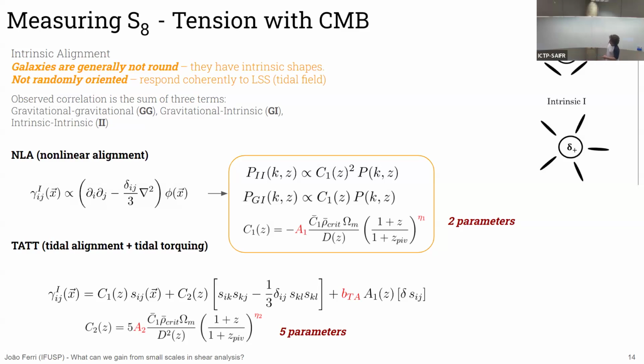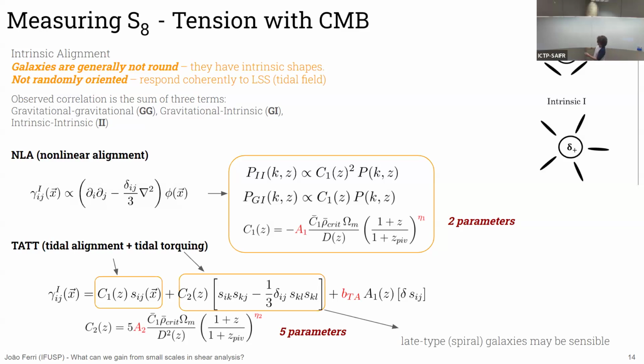Basically, it adds the tidal alignment, which is basically NLA, but it adds a second term expansion in the intrinsic shear, which we call tidal torquing. And people also usually add a bias to the tidal alignment, and then you have a theory that's dependent on... yes.